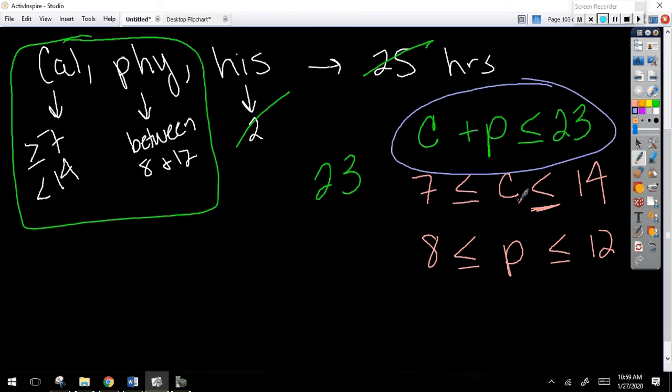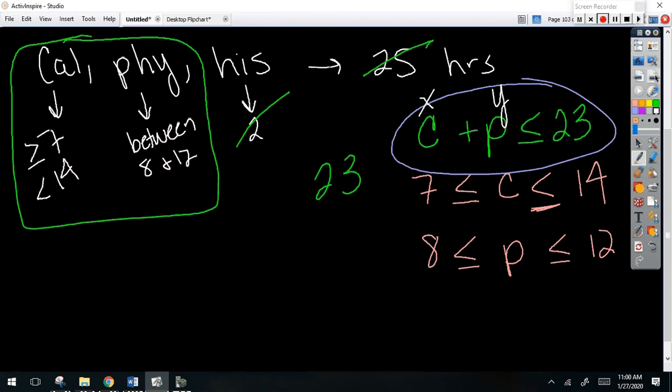What I want to do is decide which one's independent and which one's dependent, in other words, which one's going to be X and which one's going to be Y. Since it's written C first, I would do X is C and P is Y. So let me set this up with my new variables.